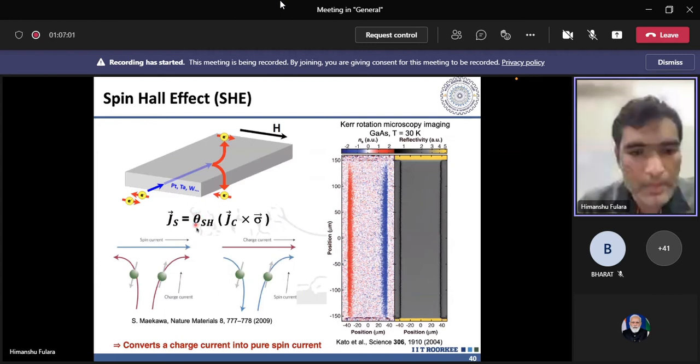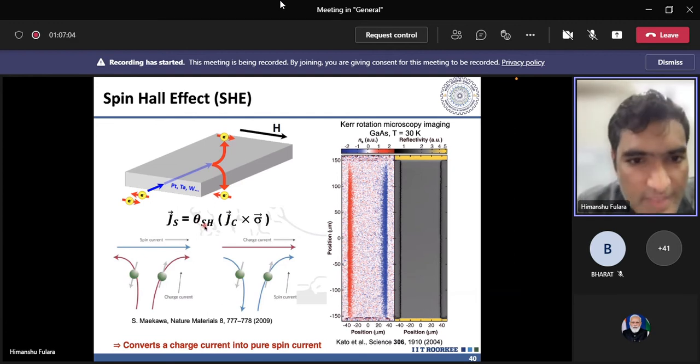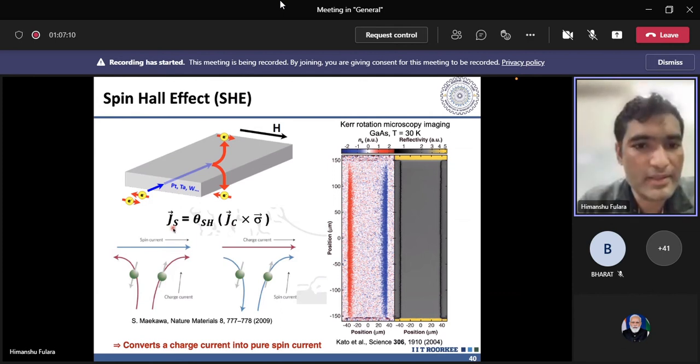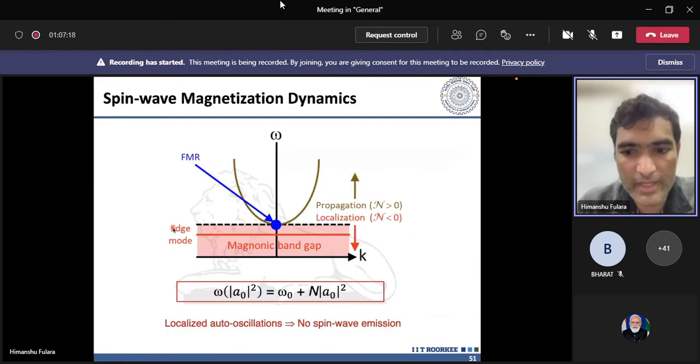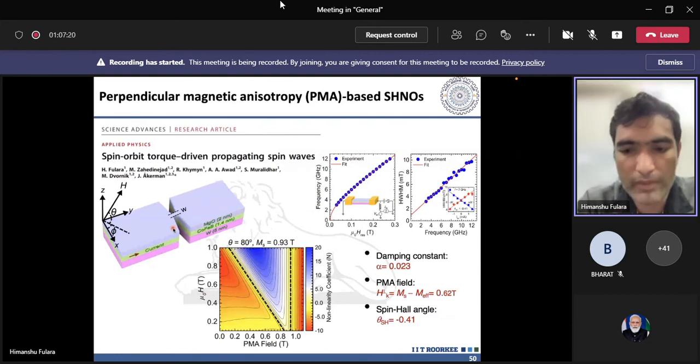The spin Hall angle basically determines the extent to which your charge current, given by JC, is converted into spin current. How much charge current has been converted into spin current is determined by this spin Hall angle. You can understand it this way: if you have a 0.41 spin Hall angle, it means that 41% of the charge current is converted into spin current.